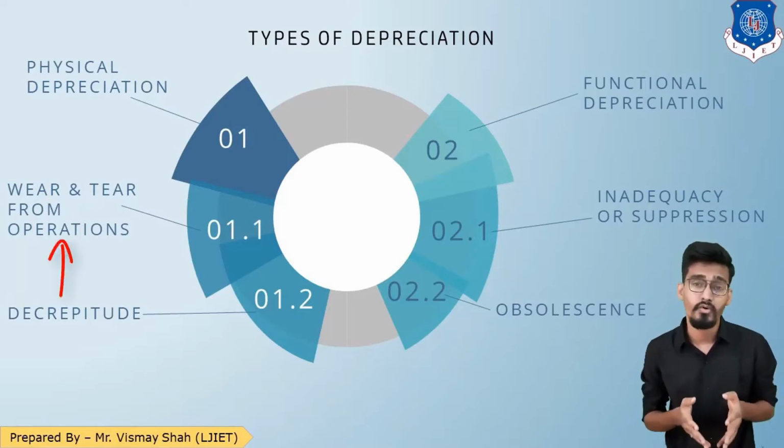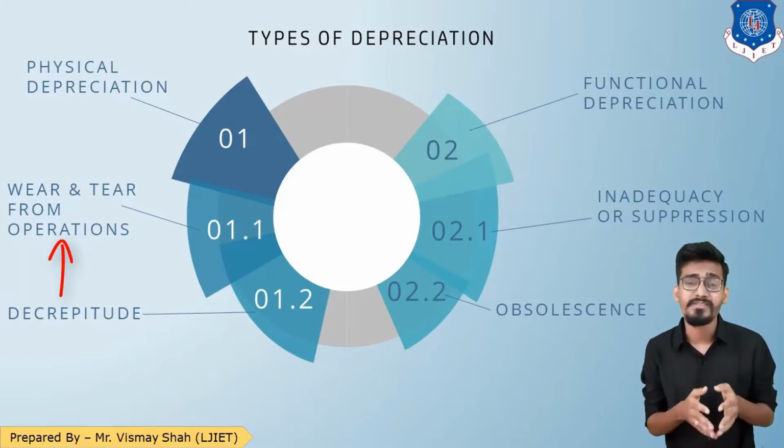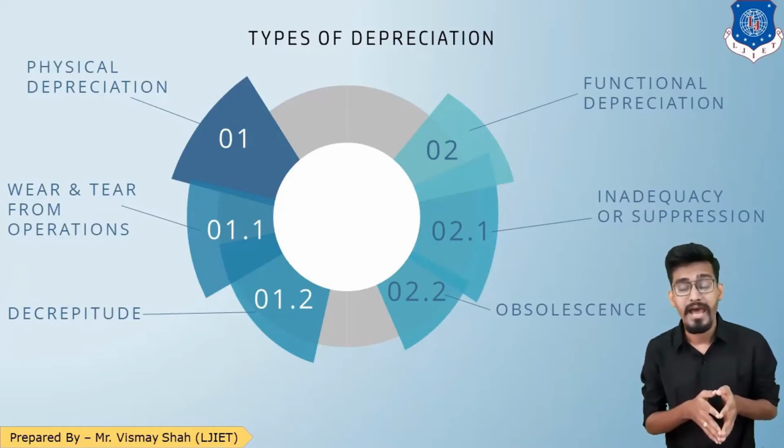That is so obvious and so common that we have studied in the definition of depreciation that when you use a product or a machine or a property or a building, it tends to decrease its value due to its usage, due to its wear and tear. Now, talking about the second physical depreciation, that is depreciation.